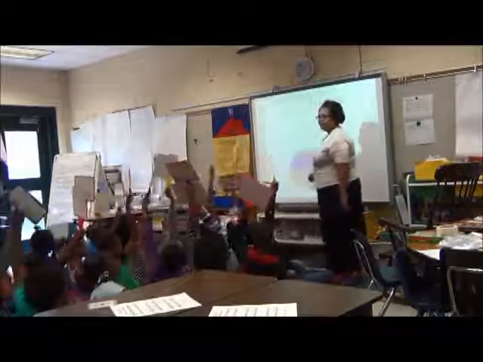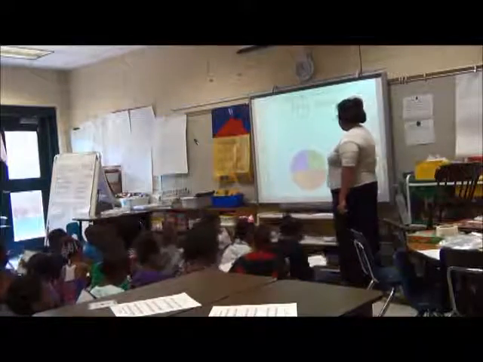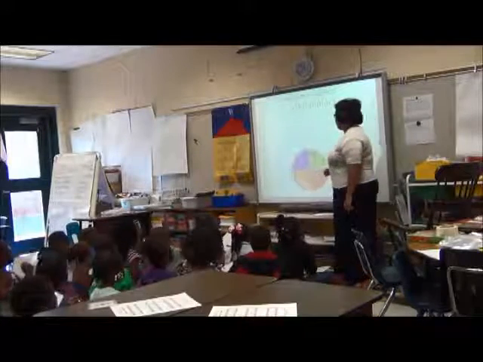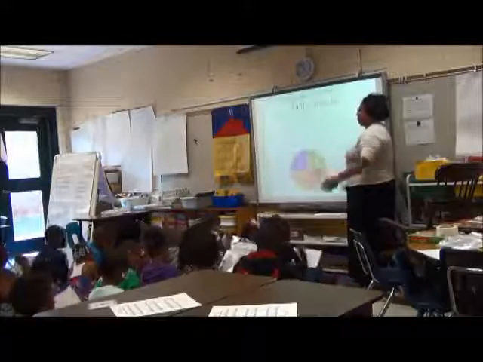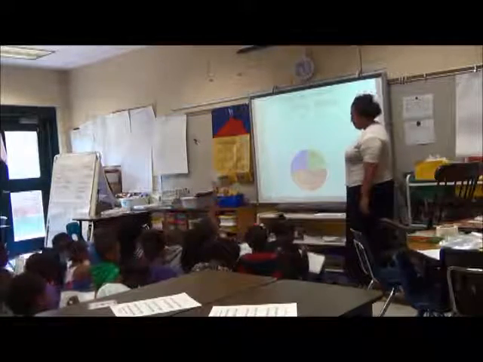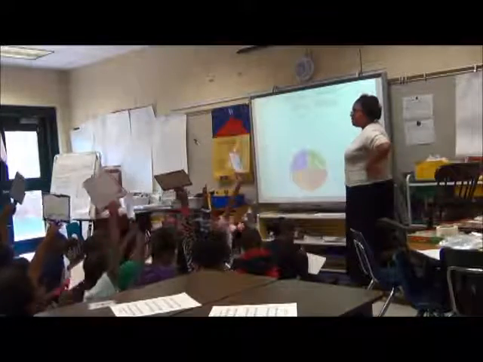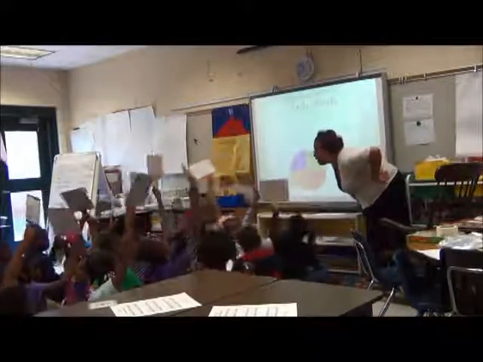Okay. All right, that was a pretty easy one, right? Yeah. Okay, clear off your boards. Let's try another one. Let's see whether we can get a harder one this time. Okay, show me that one on your board, using tally marks.